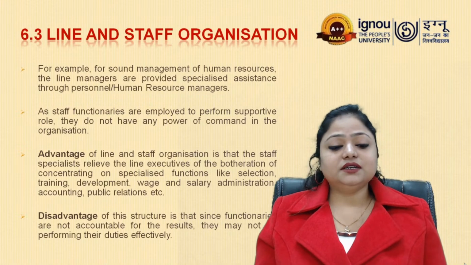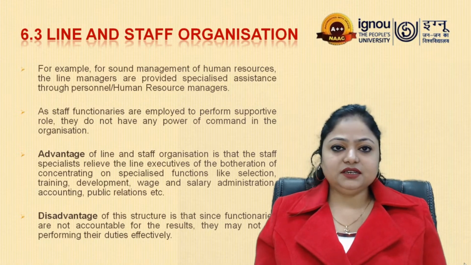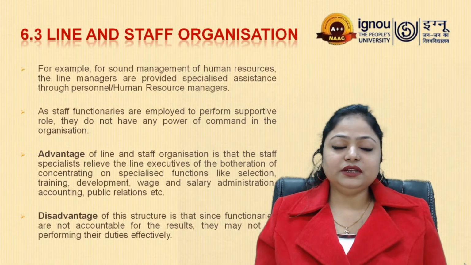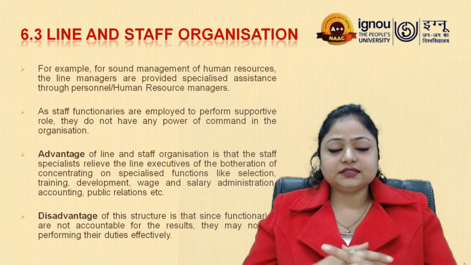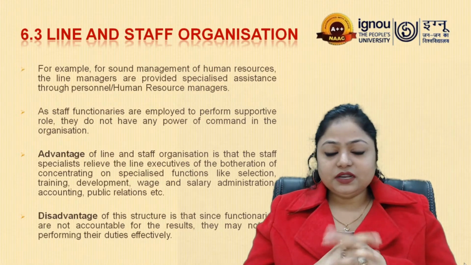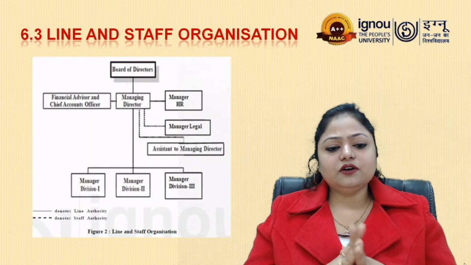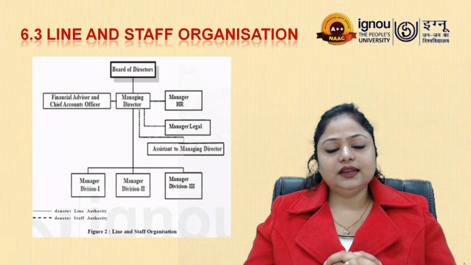Now, the disadvantage of this structure is that since staff functionaries are not accountable for the results, they may not perform their duties and tasks effectively, because they know that accountability for the success of the processes implemented does not rest upon them. So this is the line and staff structure.